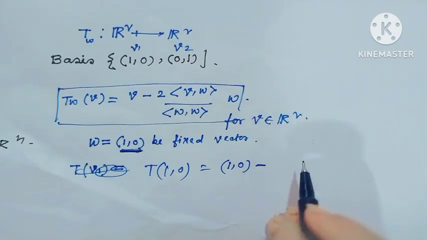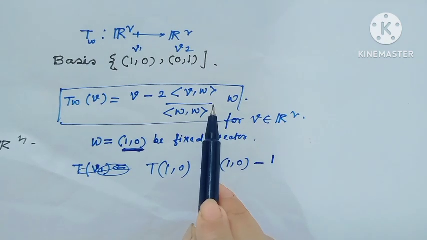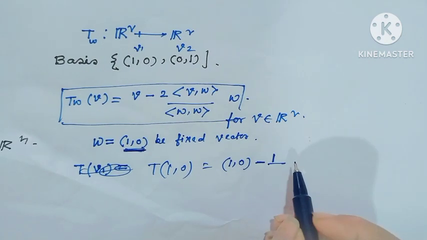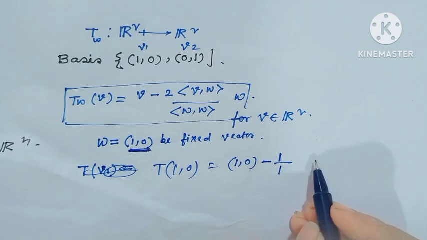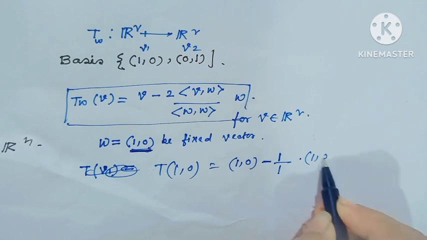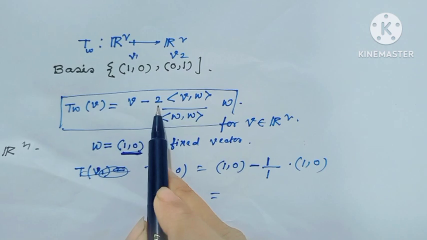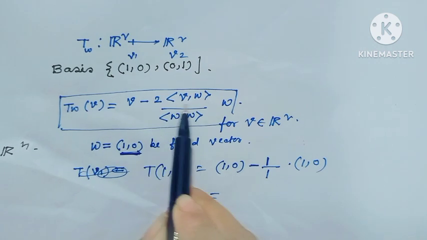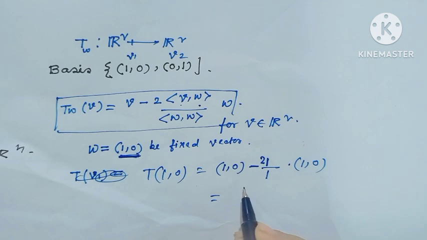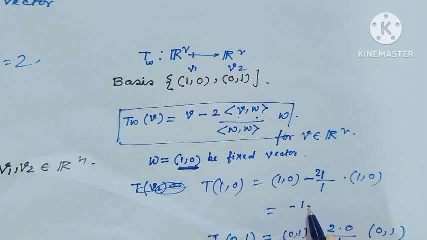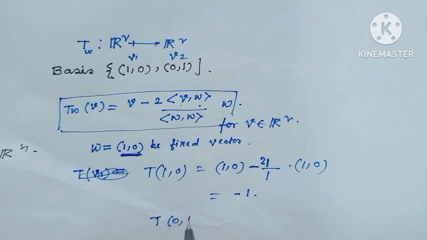The inner product of V with W is 1, divided by the inner product of W with W, which is also 1, times (1, 0). Therefore T(1, 0) is minus 2 times the inner product of V with W, which would be 2, so the value is (-1, 0).